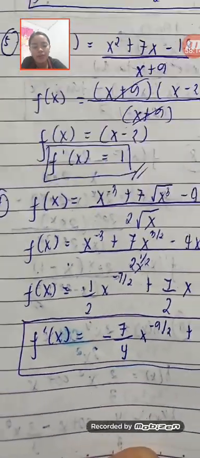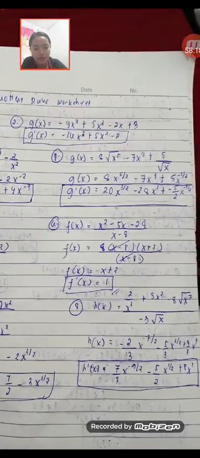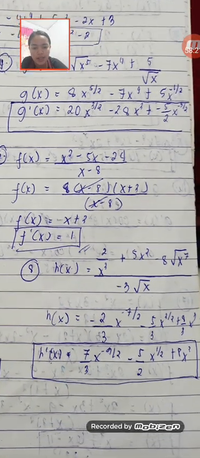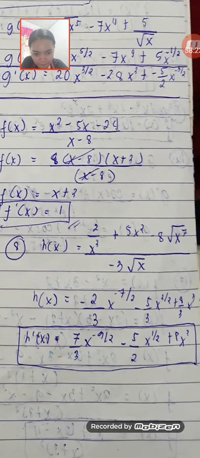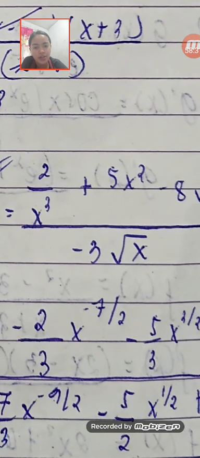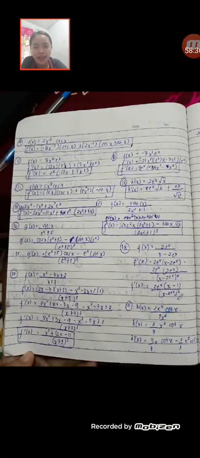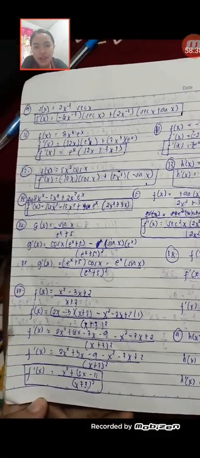After distributing this, you just need to perform the rules and get their derivatives. The same process goes as here. You just need to rewrite them, and you can distribute this because all of the items have x. Okay, so the same process for this item.